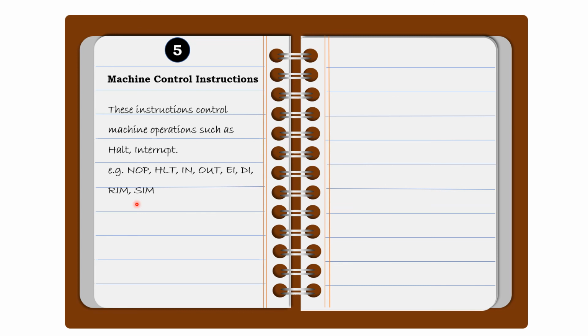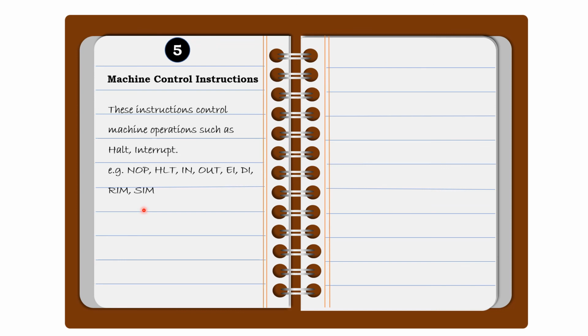In upcoming videos, I will tell you in detail the working of each and every instruction, as well as the number of bytes of the instructions. So this video is all about the categories or types of instructions in 8085.